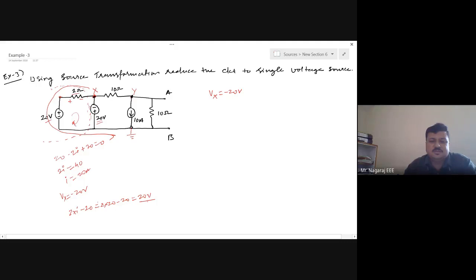Is it? Vx is equal to 20 volts. Magnitude of Vx is equal to 20 volts. And if I apply KVL through this branch, then also I will get Vx equal to 20 volts. Then what does it mean? This branch of 20 volts and 2 ohms has no effect on this node voltage Vx.